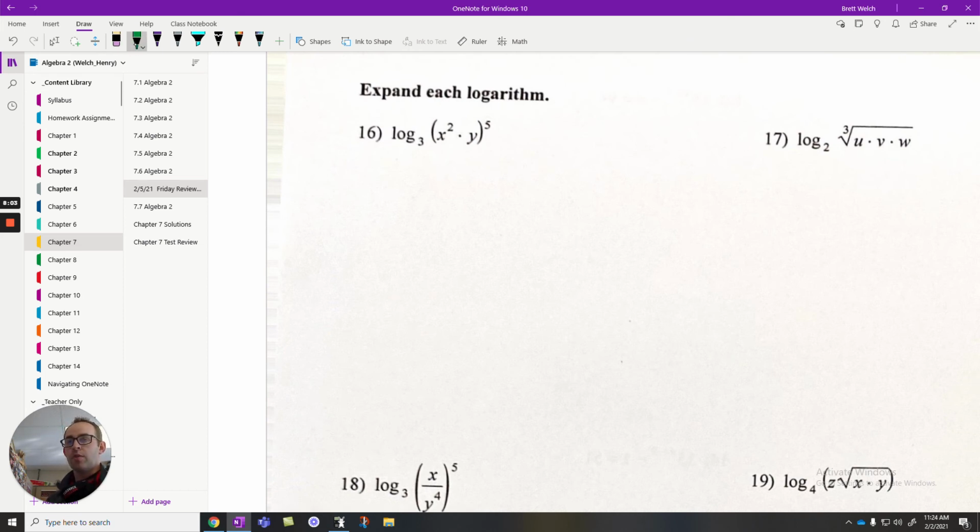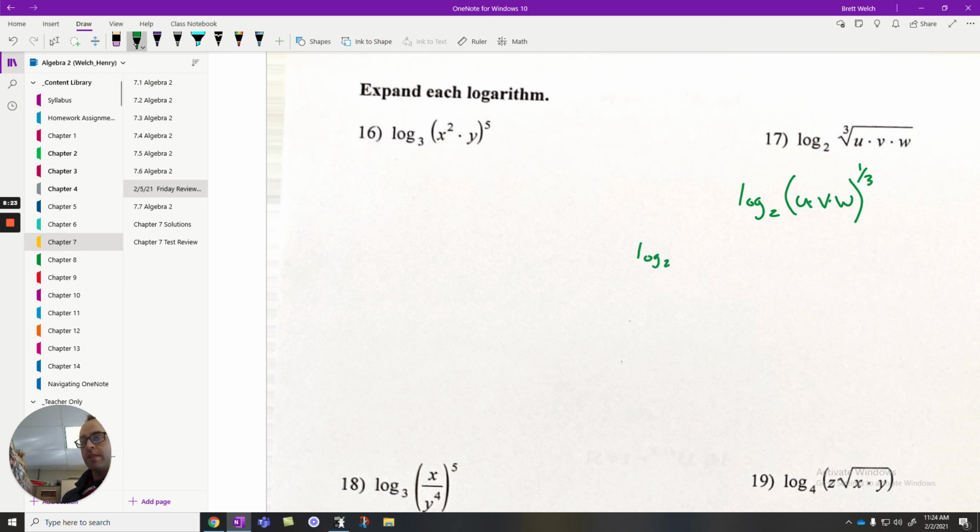First off, a cube root is the same as a 1/3 exponent. So this is the log base 2 of u, v, w, all to the 1/3 power. Now that 1/3 belongs to all of them. And so when I go to separate these, because they're multiplication, they're going to be separated as addition.